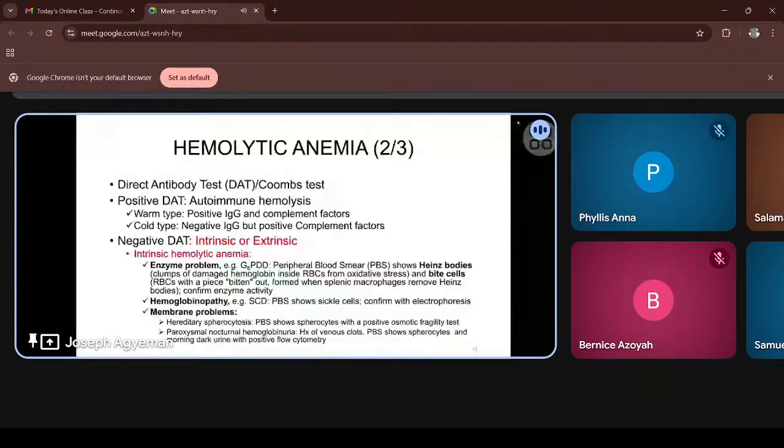What are Heinz bodies? Heinz bodies are red blood cells with damaged hemoglobin, and this is due to oxidative stress. So it means you don't have the G6PD, you can't fight any oxidation. One of the problems is your red cells having hemoglobin oxidized.